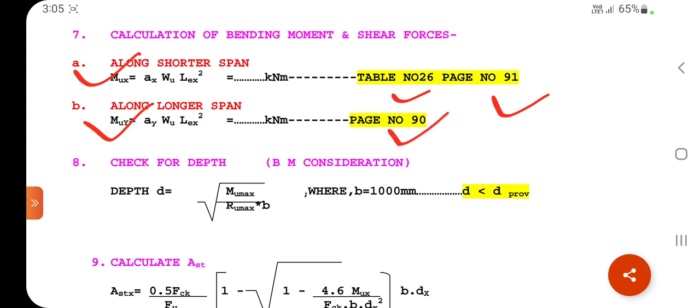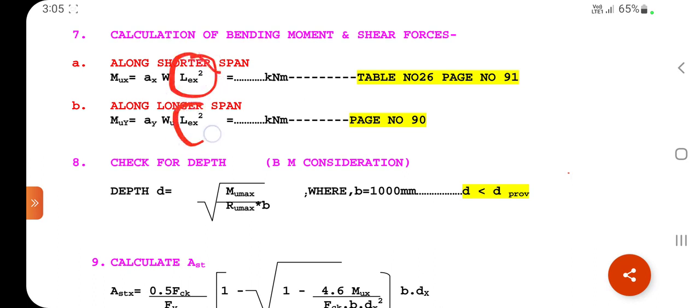For the shorter span, Mux is equal to alpha x into Wu into Lex, and Muy is equal to alpha y into Wu into Lex. Remember that in both the span moments, Lex is being multiplied, not Ley.